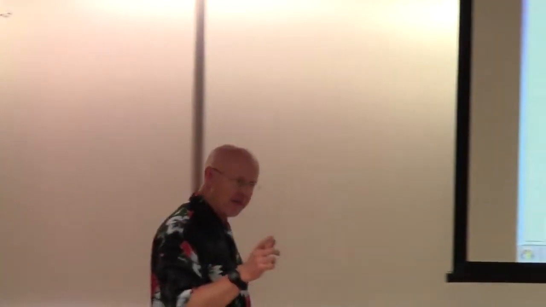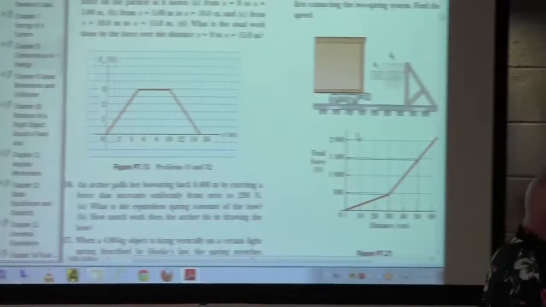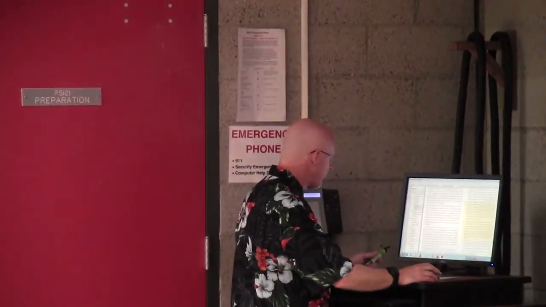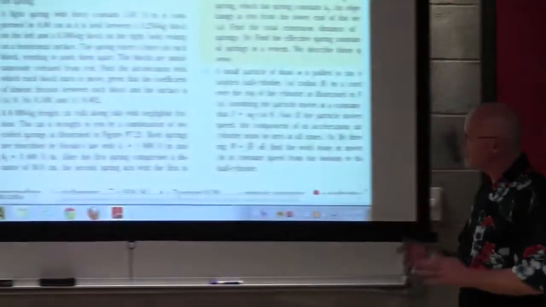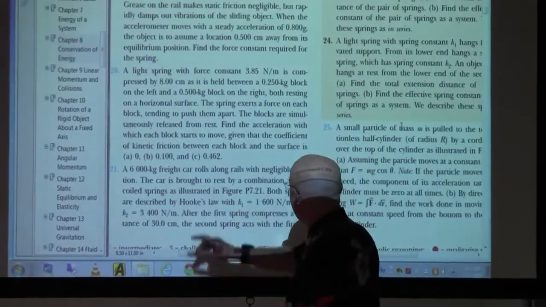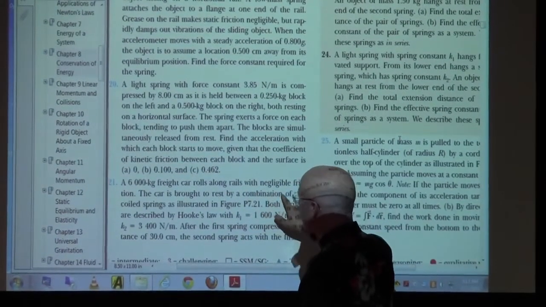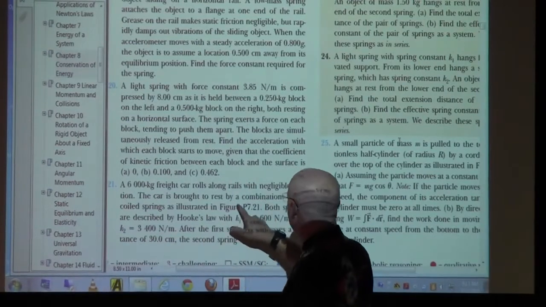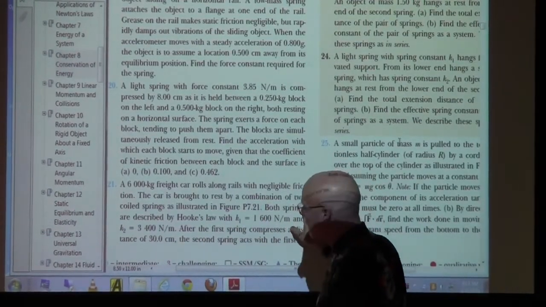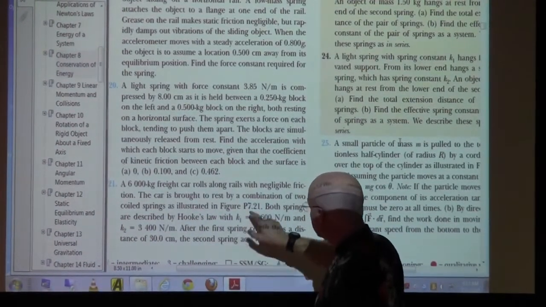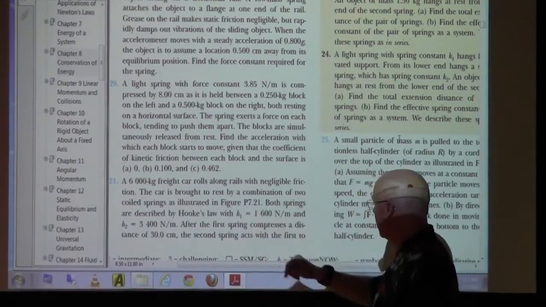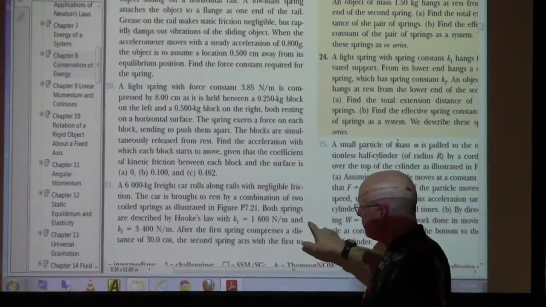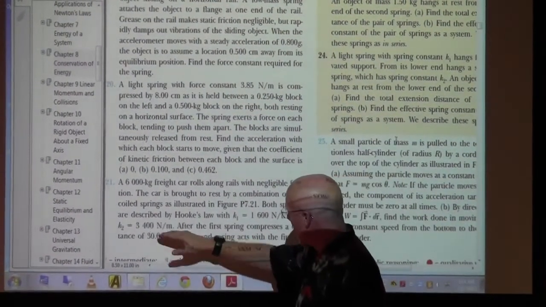All right, so I think you got the idea of step one, what physically is going on. Let's read this one in more detail. It starts on the bottom of this, but 21 here says that we have a 6,000 kilogram freight car, and it's rolling along the rails with negligible friction. The car is then brought to rest by a combination of two coiled springs as illustrated in the figure we were just looking at. Both springs can be described with Hooke's law.